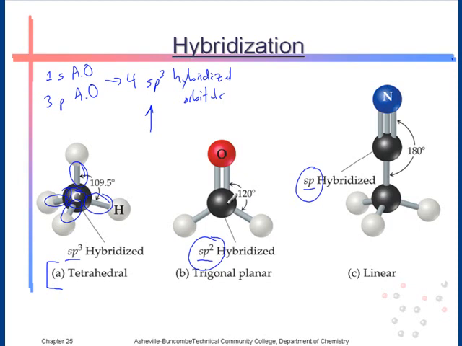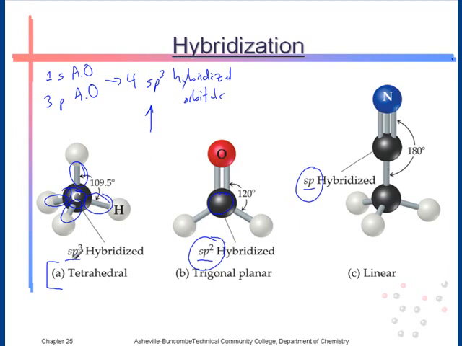So if you have a carbon atom, or really any atom in organic chemistry, and there are 3 bonding regions around it, and there's nothing else, no lone pair electrons on this carbon, then you're going to have an sp2 hybridized orbital.